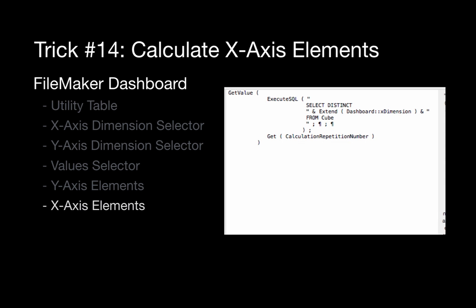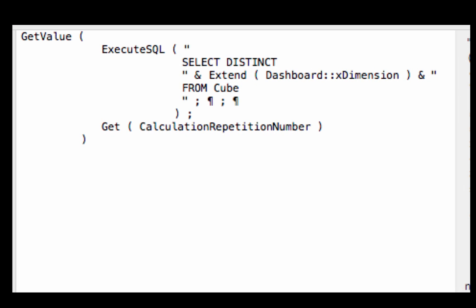It's slightly different, because we're going to make use of something inside FileMaker called repeating fields, and therefore we still use a similar SQL statement, but now what we're going to do is take each of those elements and place them across in each of the repetitions of the repeating field. And if you just simply retype the formula you see on the screen now, it'll work for you, or even easier, you can go to the website, download the free sample file from today's session, and you can actually see it in action.